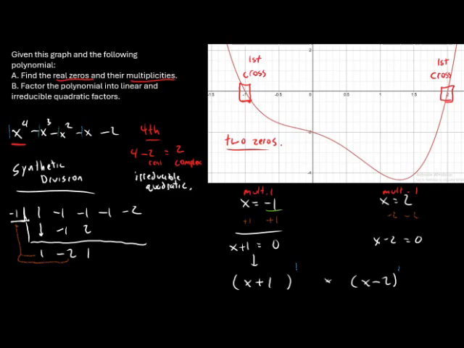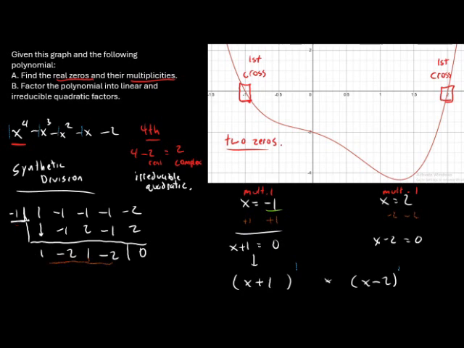We'll also multiply that again times our -1. 1 times -1 gives -1, and then -1 minus 1 gives -2. Finally, we'll multiply that -2 times -1 to get +2. -2 plus 2 gives us 0, which means, as expected, the -1 divides evenly into our polynomial.